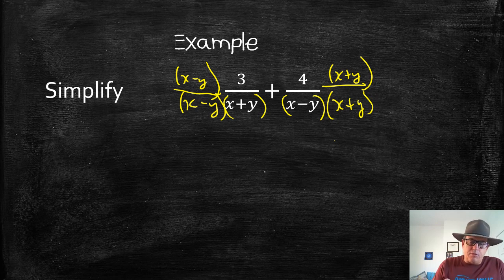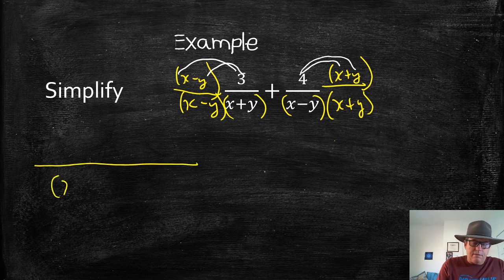So I'm going to multiply out the top. I'm going to multiply out my brackets, 3 times x and 3 times minus y, and over here I'm going to do 4 times x and 4 times y. I am not going to multiply out the bottoms. So my denominator is going to be x minus y, x plus y.